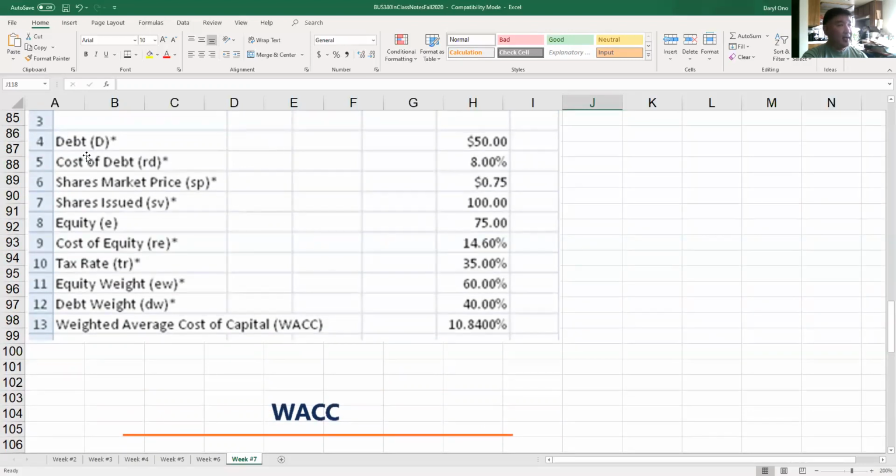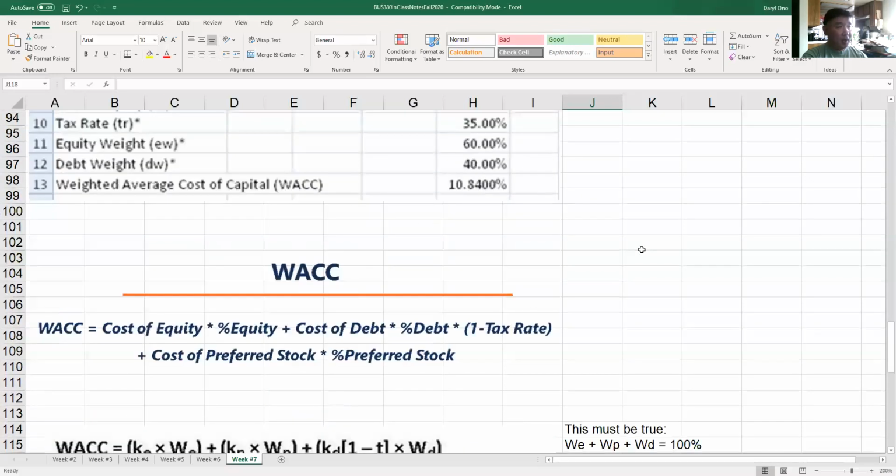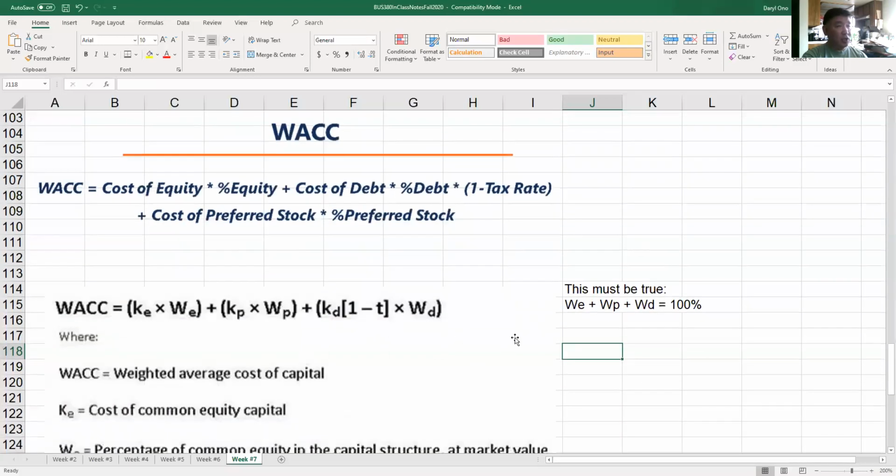There's only debt and equity. But on this one, this is the more complete formula. So on your homework, you have to use this formula that has everything: the equity, the preferred stock, and the debt. This is the more complete formula.